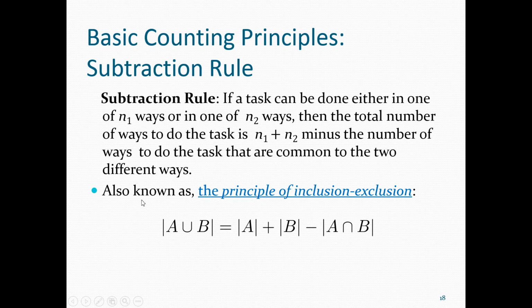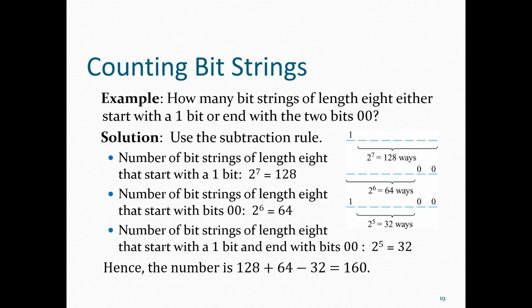In terms of sets, we can write it as the order of A union B is equal to the order of A plus the order of B minus the order of A intersection B. When A intersection B was empty in the sum rule, there was 0 at this place. This is also called the principle of inclusion-exclusion. It is important and has several applications in counting.